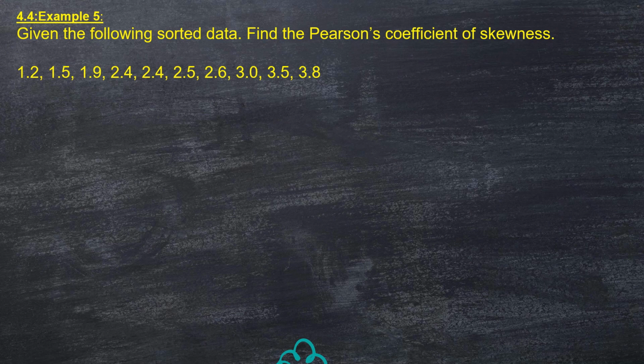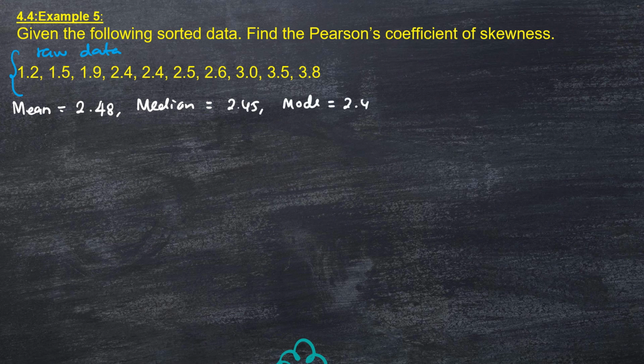Alright, let's look at our last example for lecture 4. We have example 5. Given the following data, find the Pearson's coefficient of skewness. These data are raw data. So now I will just make it short. By using what you already learned before, please find all these values: mean equal to 2.48, median equal to 2.45, and mode equal to 2.4.